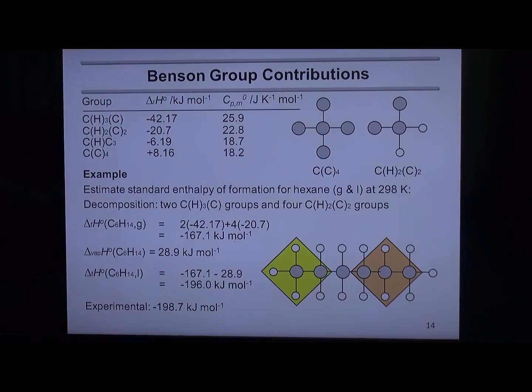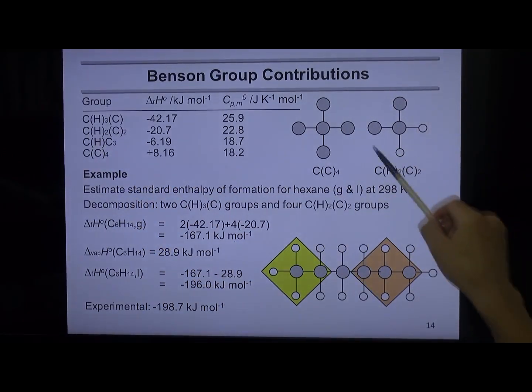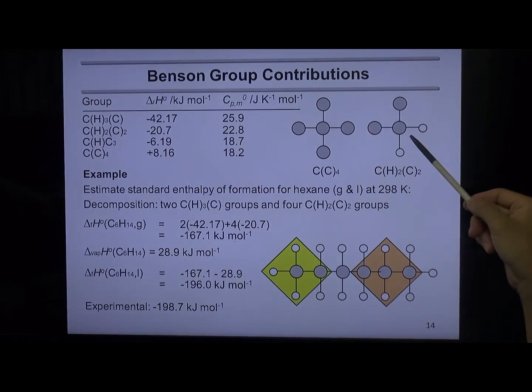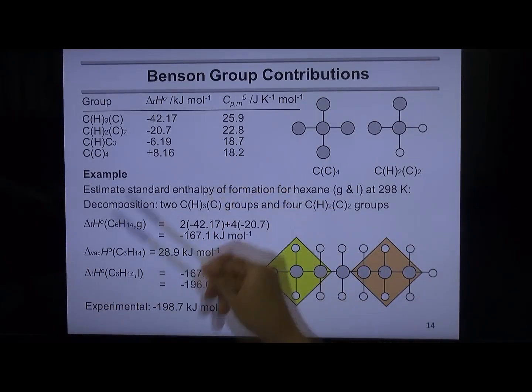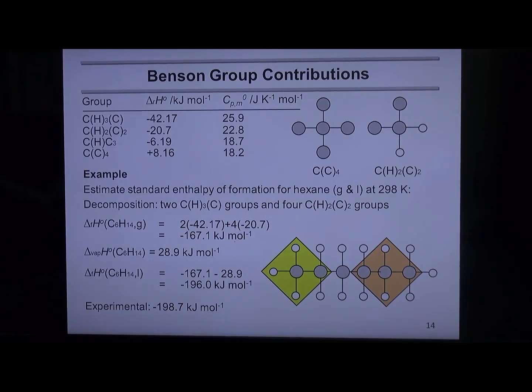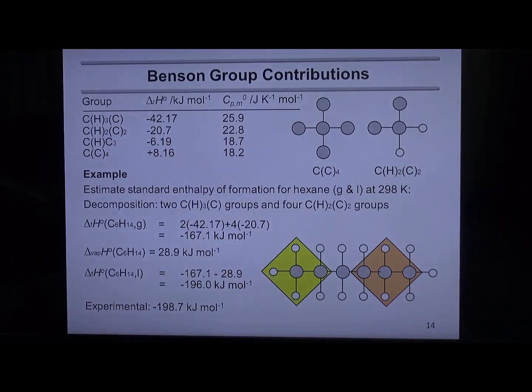On the other hand, for this case, CH2C2 like this, to make this from its components, carbon and hydrogen, the standard reaction enthalpy is minus 20.7 kilojoules per mole. It's quite different, right? So with a different group, a different chemical structure, it has a different standard reaction enthalpy. From this information, we can estimate the standard enthalpy of formation for any compound.